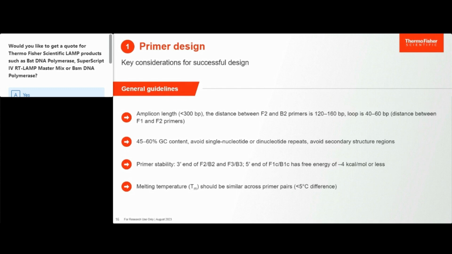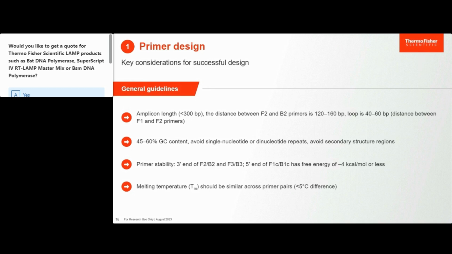The primers are also designed such that the distance from the 5' end of F2 to the 5' end of F1 is between 40 and 60 bases. Another important factor is GC content.